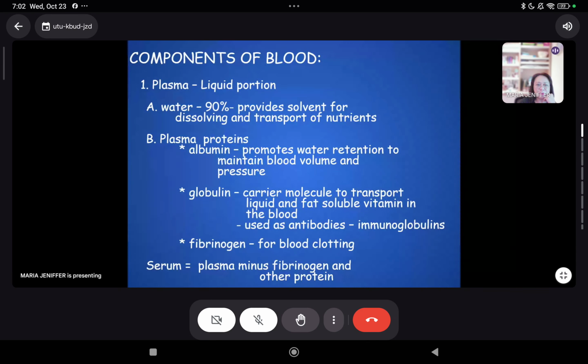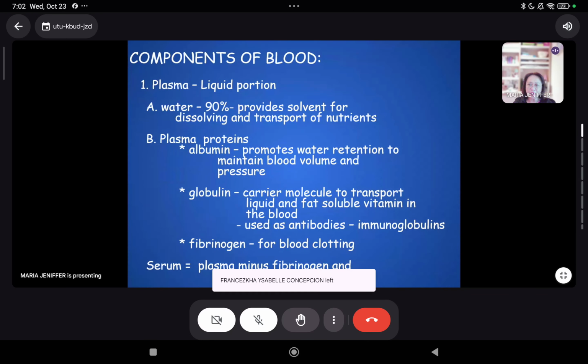of the control of pH, acid balance, and osmotic pressure. So the components of the blood, we have two main components. We have the plasma, which is the liquid portion, and then the formed elements, which are composed of the whole cells and the fragments.